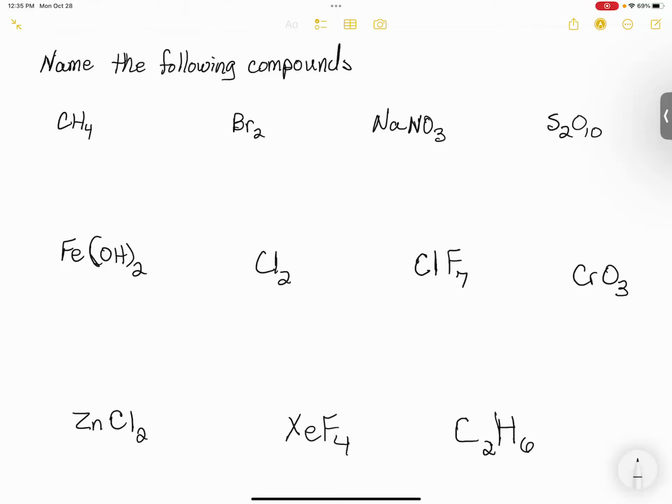Then I go in and on those cations, I go, okay, this one was a constant charge. This one was a varied charge. This one was a constant charge. This one was a varied charge. The reason I do that is because if it's varied, then you got to have a Roman numeral.